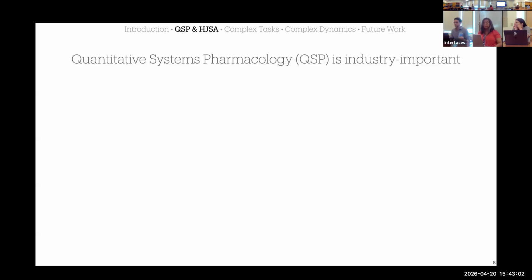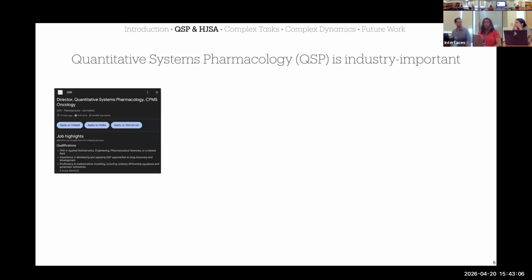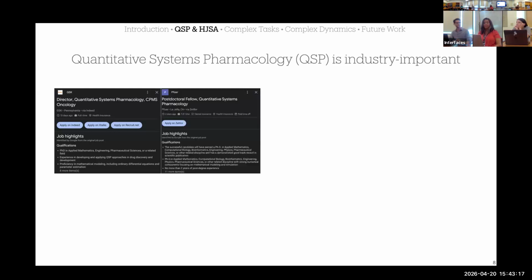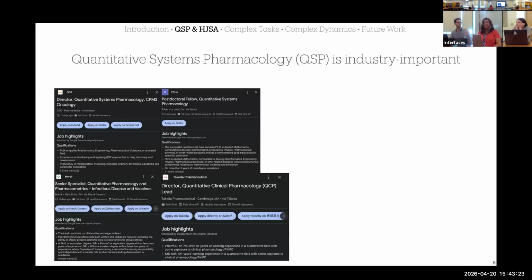QSP started out in academics, but these days it's very important. If you want to work at GSK and you have a PhD in applied mathematics, you can apply to be a quantitative systems pharmacologist there. If you want to stay in sunny La Jolla, you can do the same at Pfizer or Merck or Takeda.